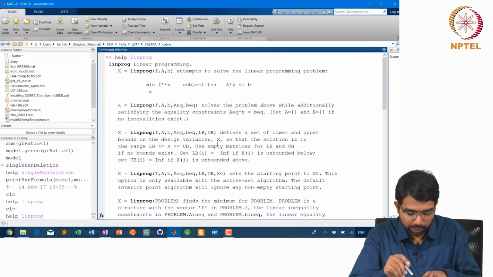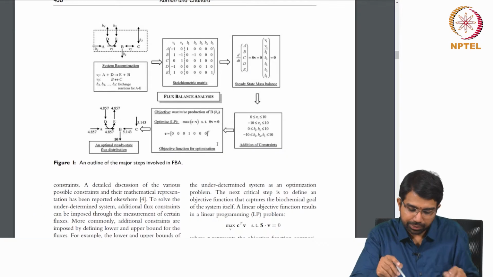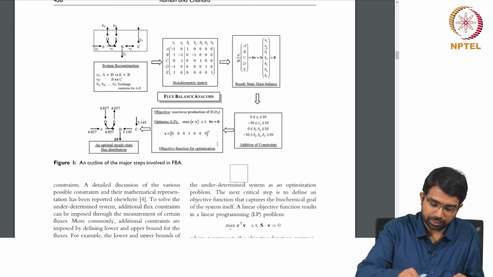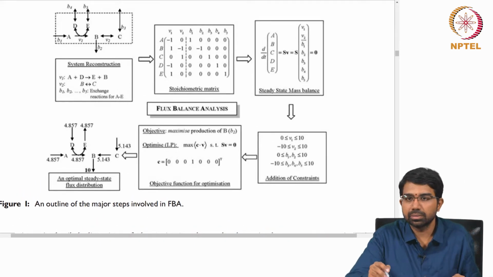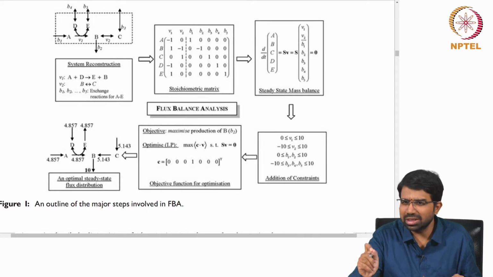Perfect. This is in perfect tune with the constraints we saw here yesterday. So LB and UB should either be a dimension of x or 1 cross 1, for single variables.